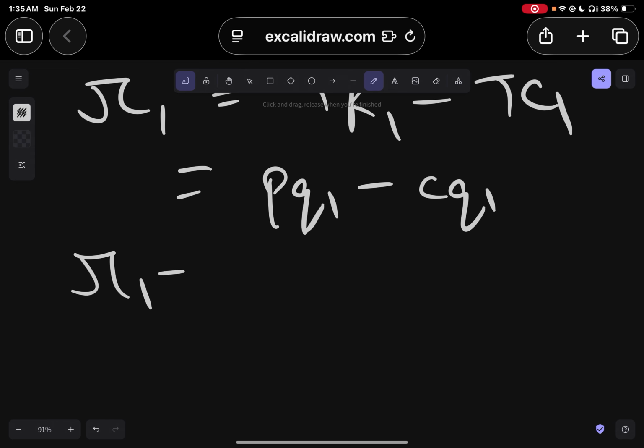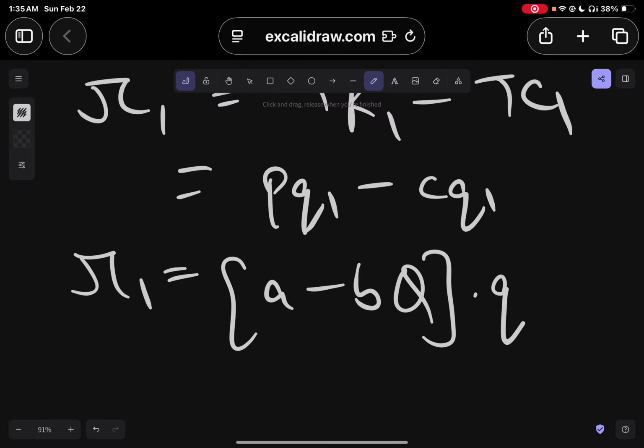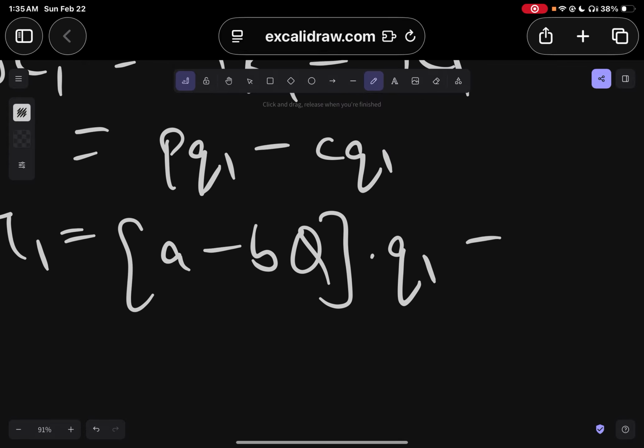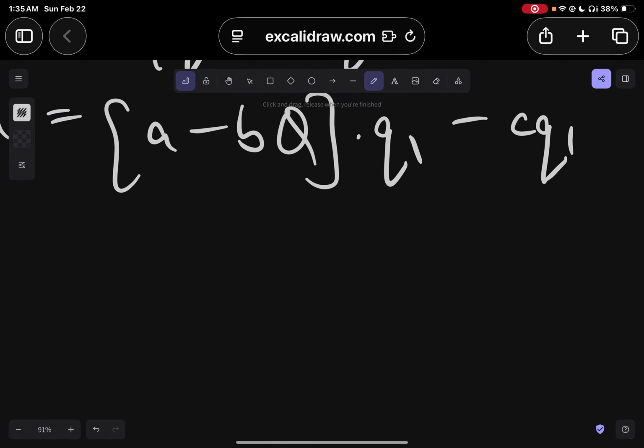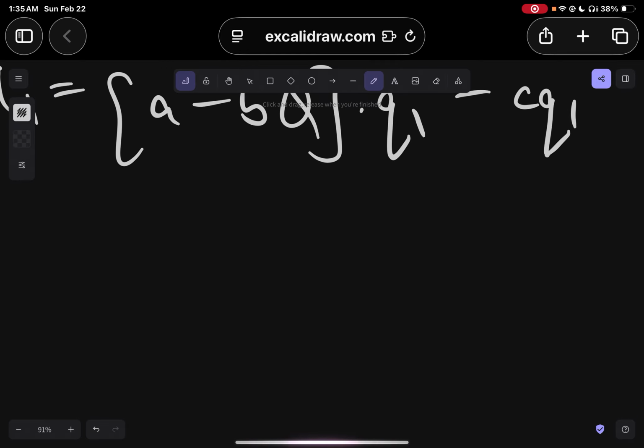Then the profit of firm 1 would be (A minus BQ) multiplied by Q1 minus CQ1. Because it's of firm 1, we put Q1 and then multiply it in the bracket.